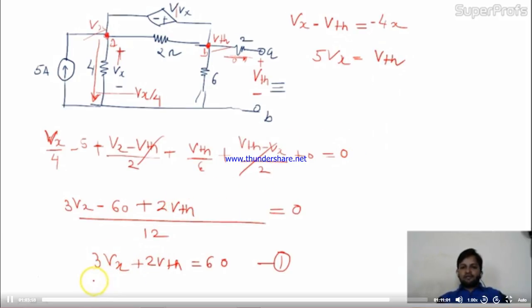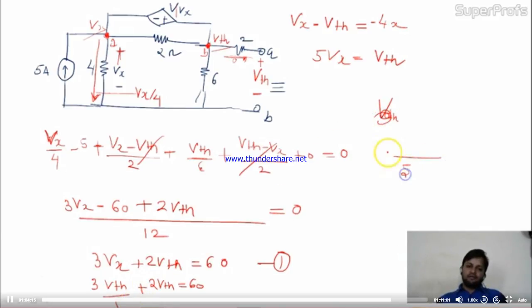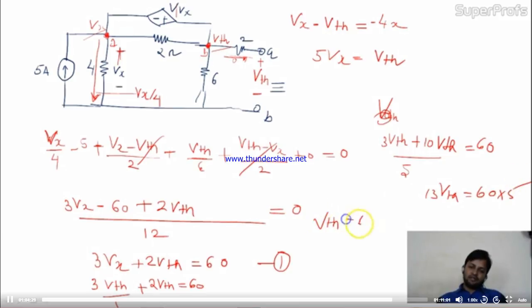So this is 3, this is Vth by 5, plus 2Vth equal to 60. So 5 over here, 3Vth plus 10Vth equal to 60 into 5. 13Vth equal to 60 into 5. So Vth is nothing but 60 into 5 divided by 13.